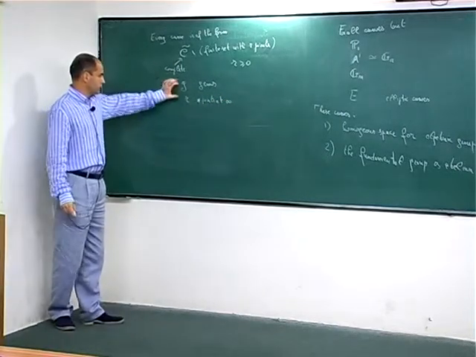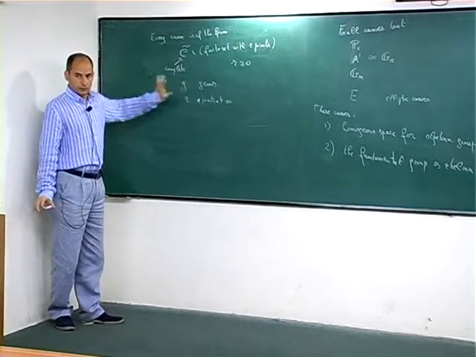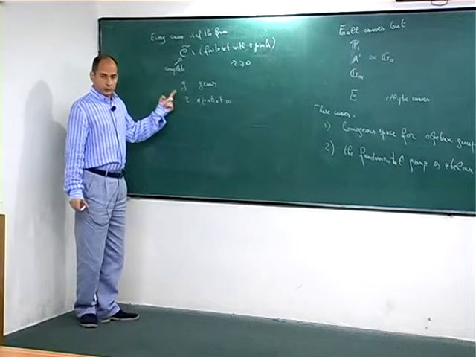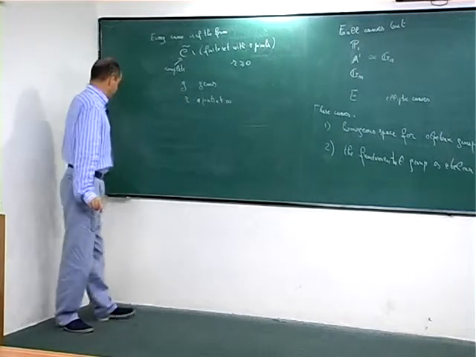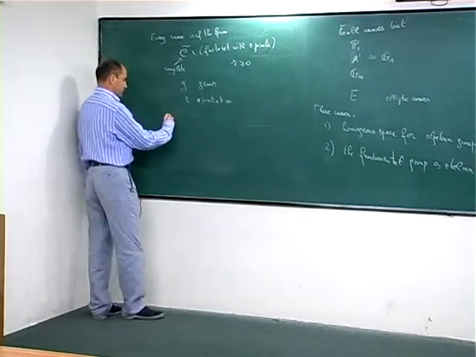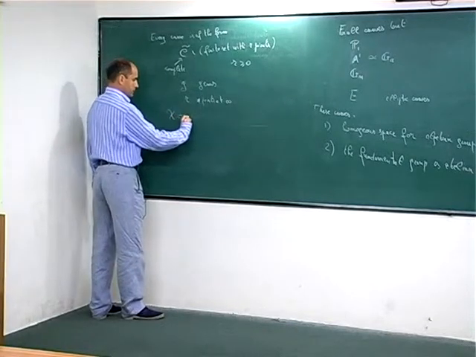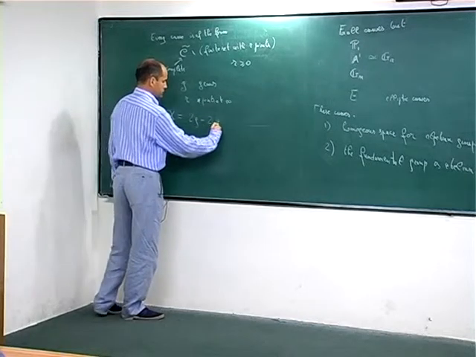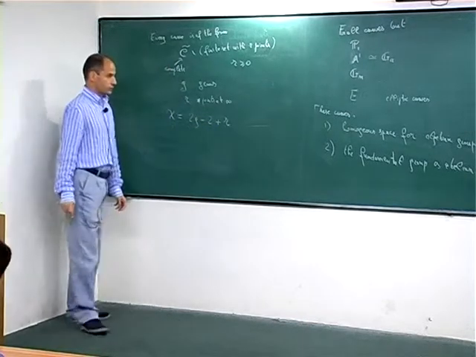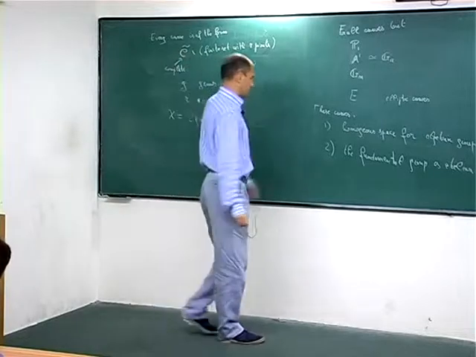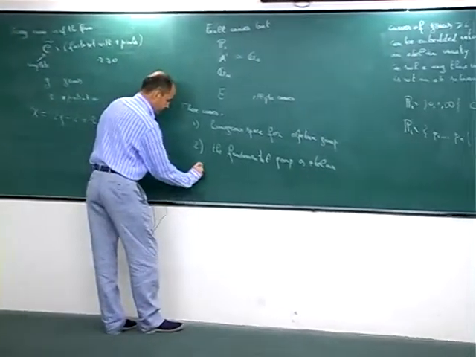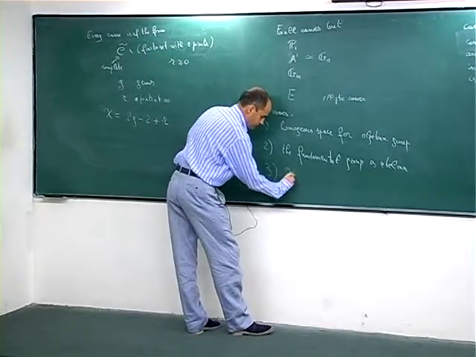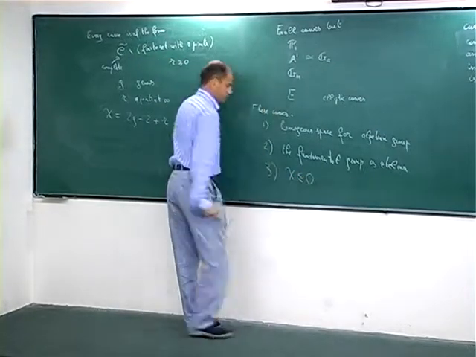And these are the only topological invariants of an algebraic curve. So two curves with the same genus and the same number of points at infinity are homeomorphic. Then one can define the Euler characteristic, which is 2G minus 2 plus R. And it turns out that curves in this class are characterized by the property that chi is non-positive.